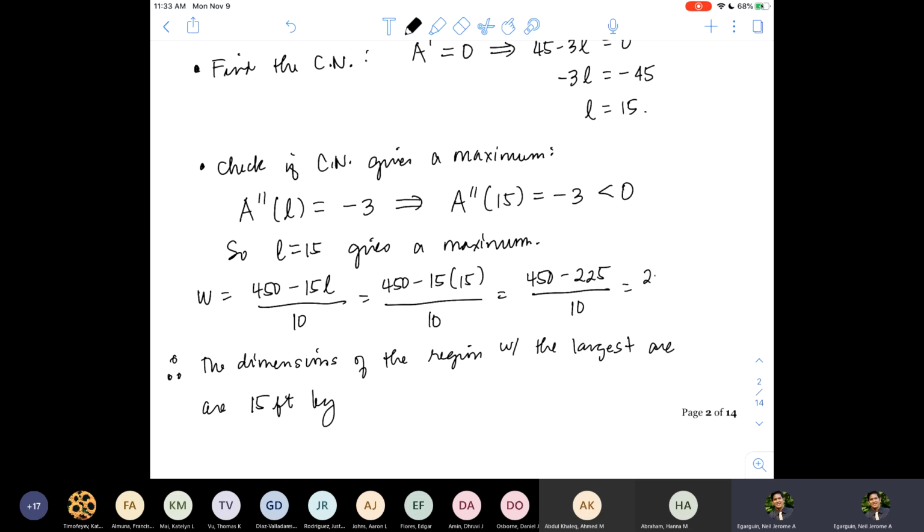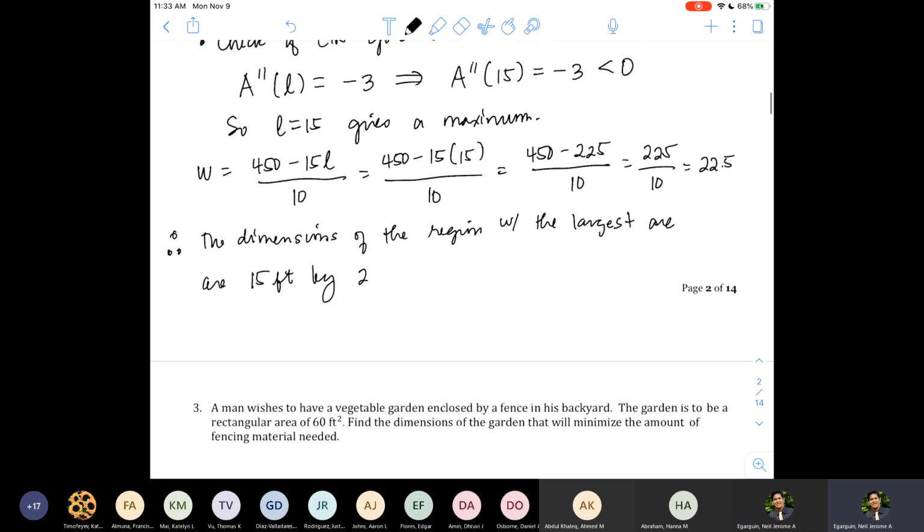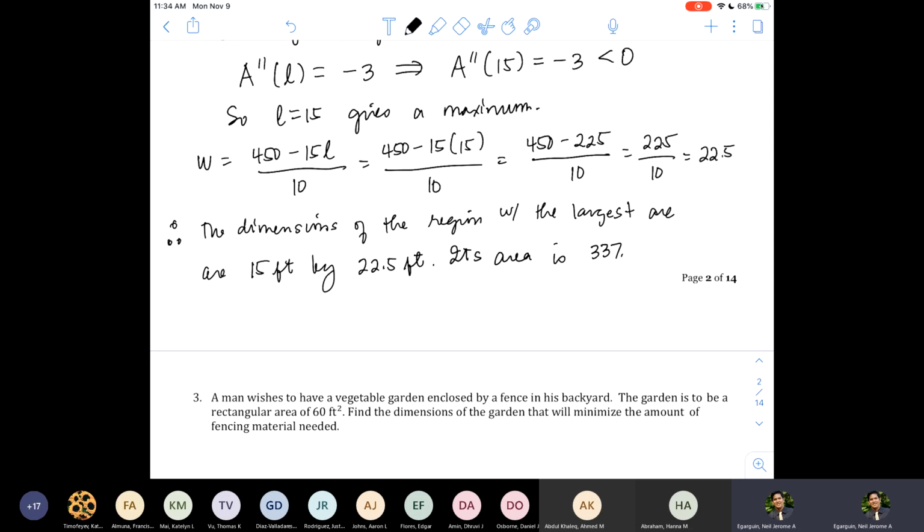So that's going to be 225 over 10. So that's 22.5 feet. Right? So its area is 15 times 22.5, which is 337.5 square feet.